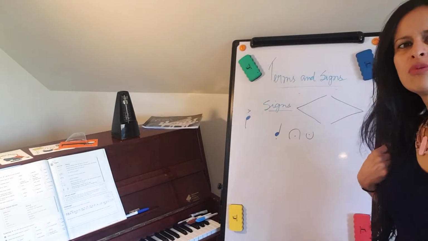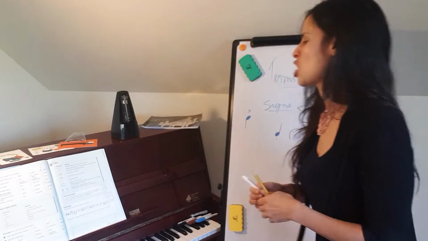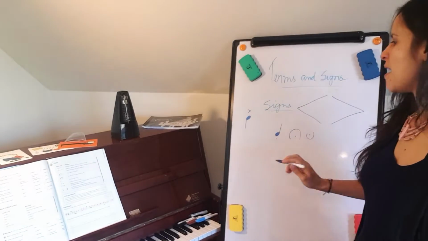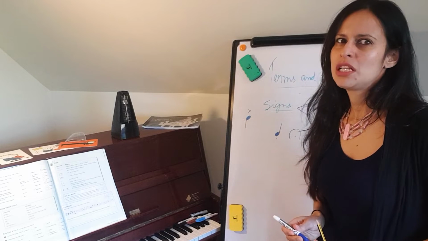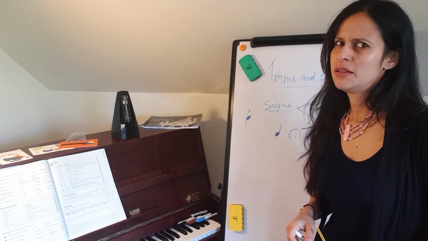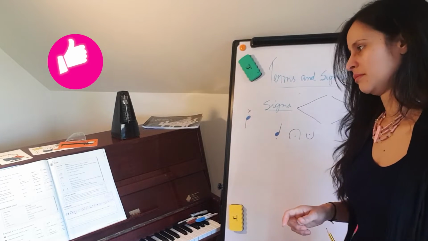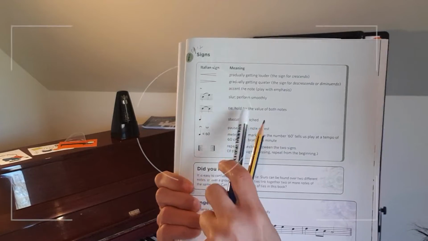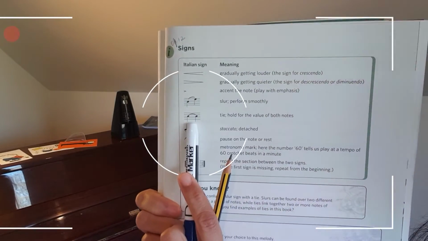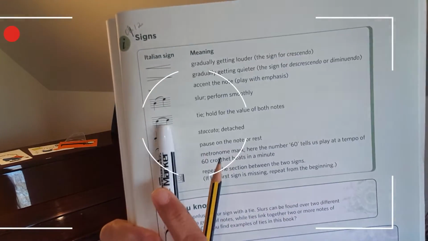What other signs do we have for this chapter? We also have, everybody knows the difference between tie and slur, yeah? Let's have a look here in the book. Tie is between the same notes. This sign, yeah?